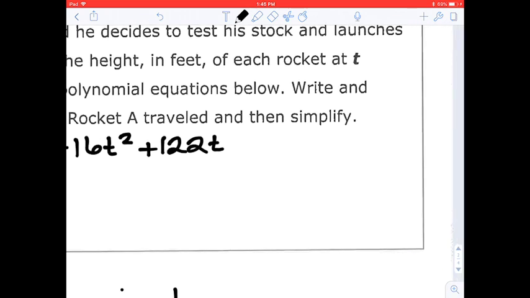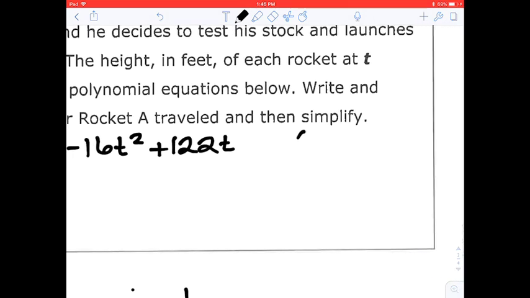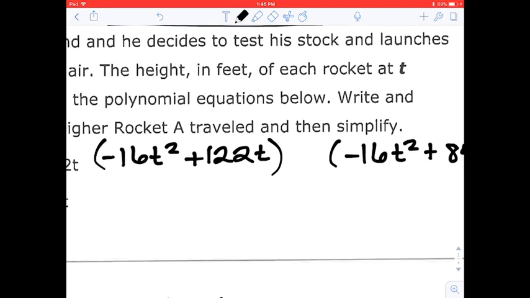We want to know how much higher that is than rocket B. So rocket B is negative 16t squared plus 84t. And I'm going to keep that inside parentheses so that I'm separating A from B. And if I want to know the difference between their heights, I should use subtraction. We're going to subtract the height of B from the height of A.